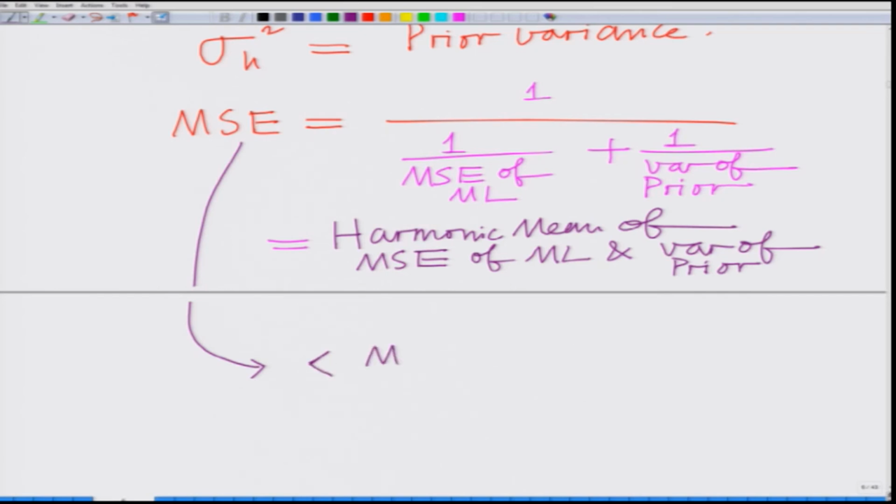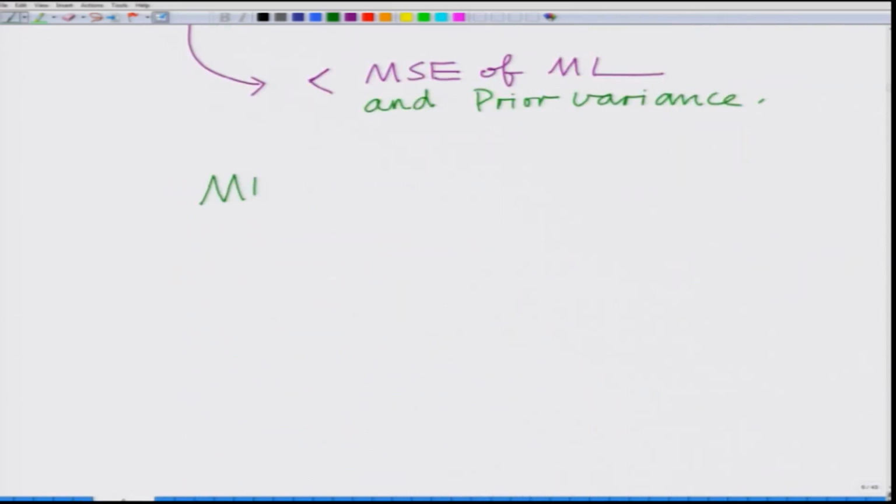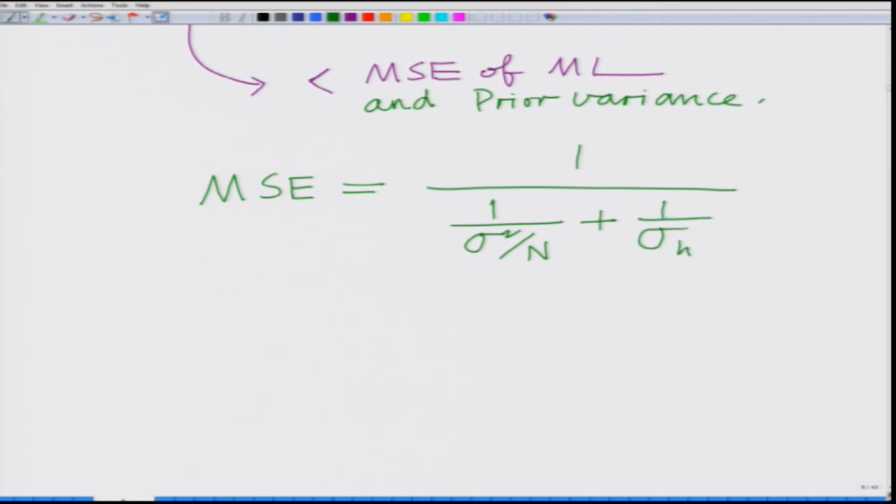So, remember, the harmonic mean of both is less than the MSE of ML, and in fact, you can say if the MSE of ML is very small, let us look at this. The MSE equals 1 over sigma square by n plus 1 over sigma h square.